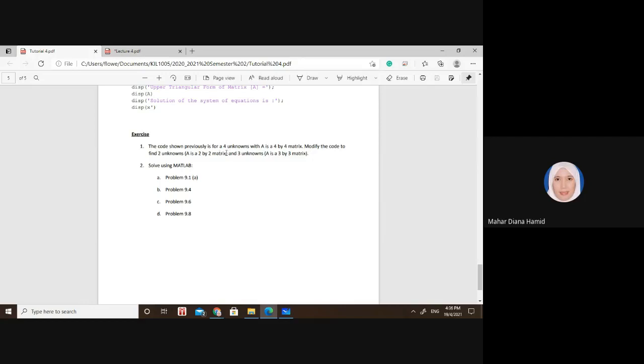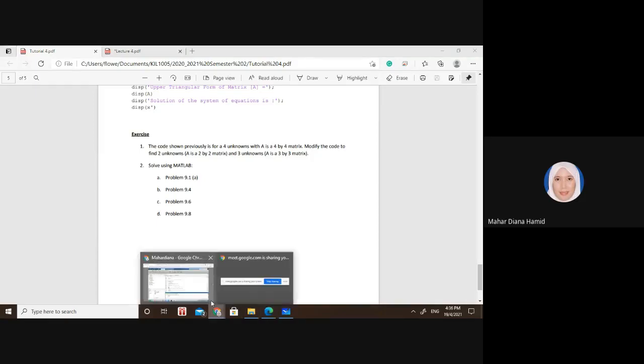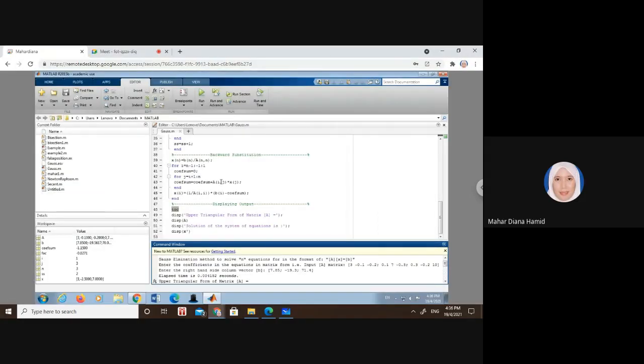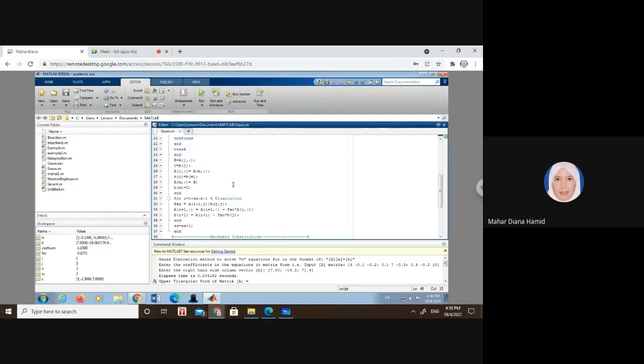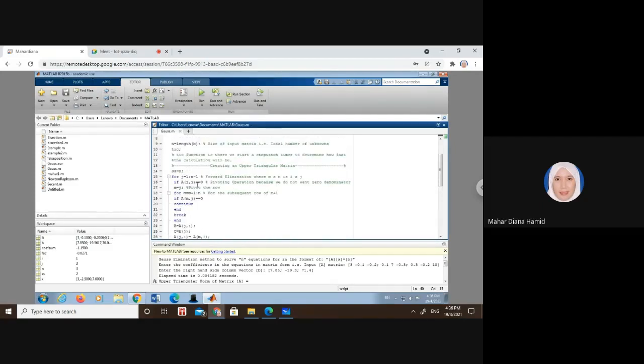The only difference would be if it's 2 by 2. So if you have a 2 by 2 matrix, in the forward step, when you are creating an upper triangular matrix, you are going to pivot it only once. So instead of having continue here, you're only going to pivot it once because you only have 2 rows. So that's the only difference.